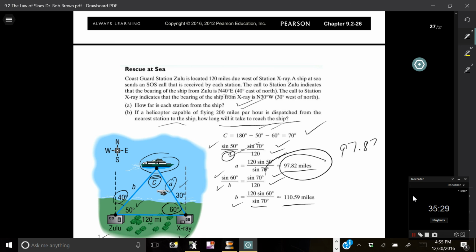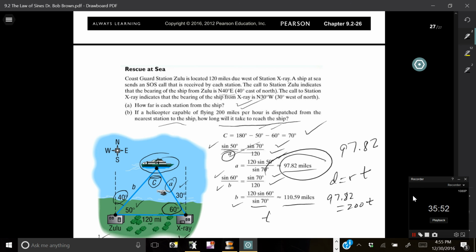97.82 miles. How long will it take to reach if it goes 200 miles per hour? Distance equals rate times the time. The distance is 97.82, which is equal to 200 miles per hour times the time.